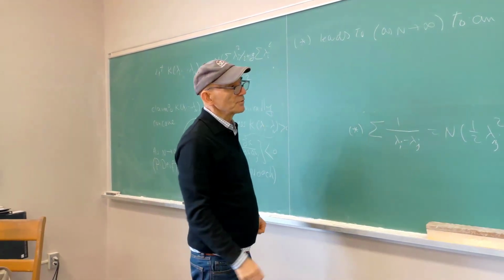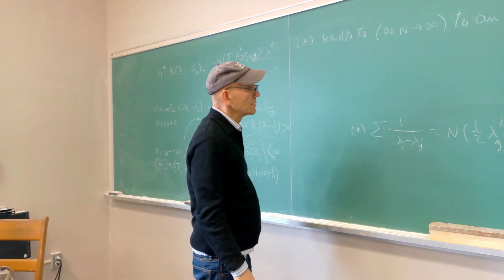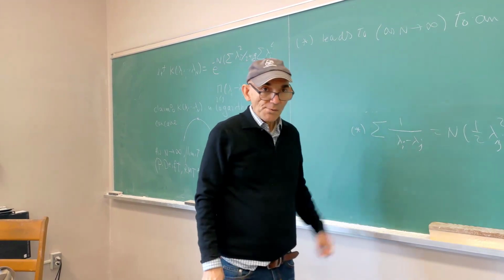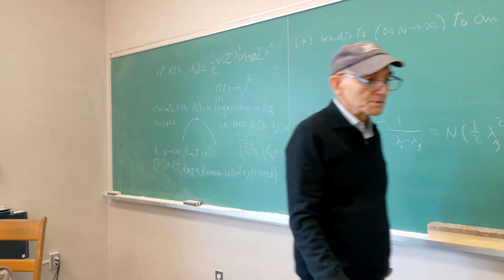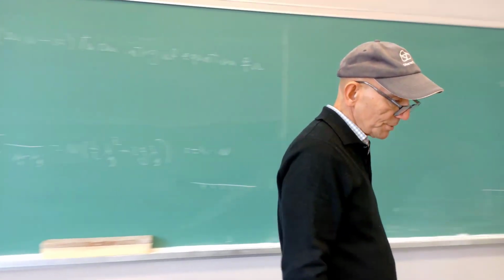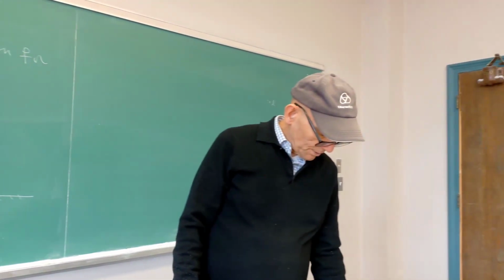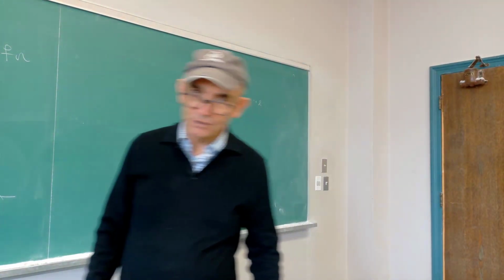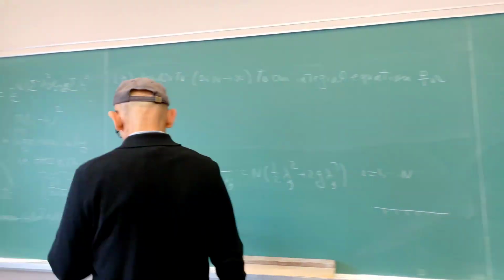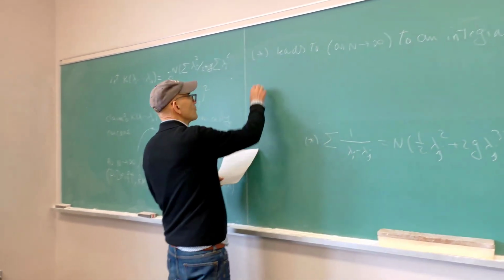What was my notation for the limit function that I used over there? I hope I didn't use g. Yeah, I call it f of x and g.